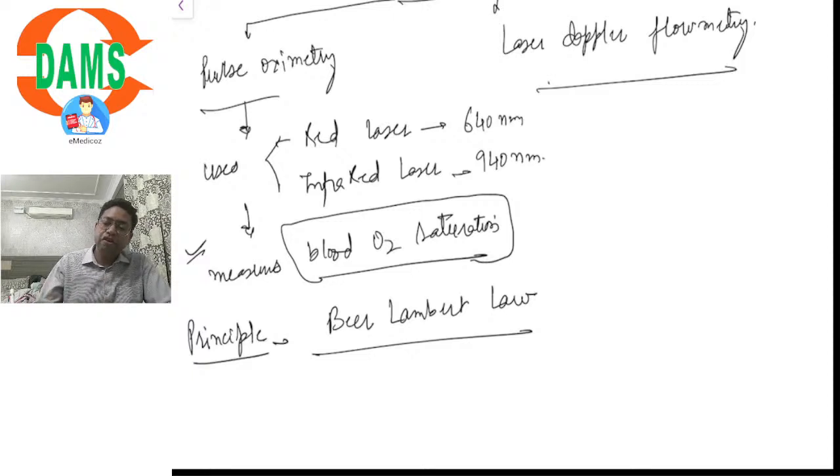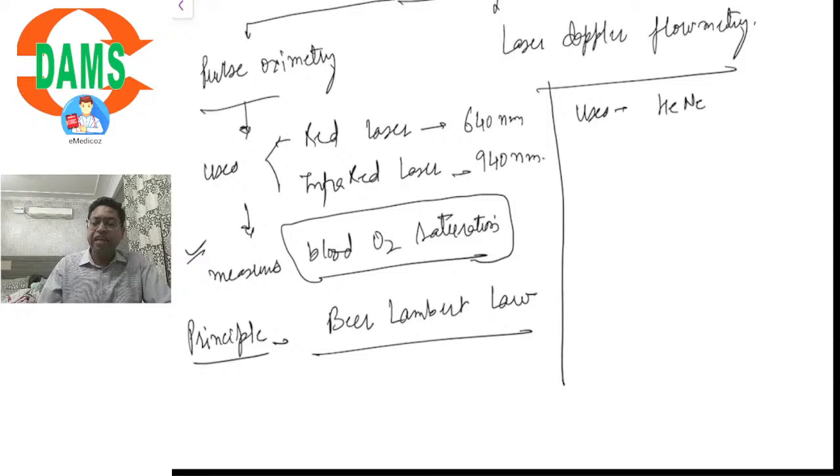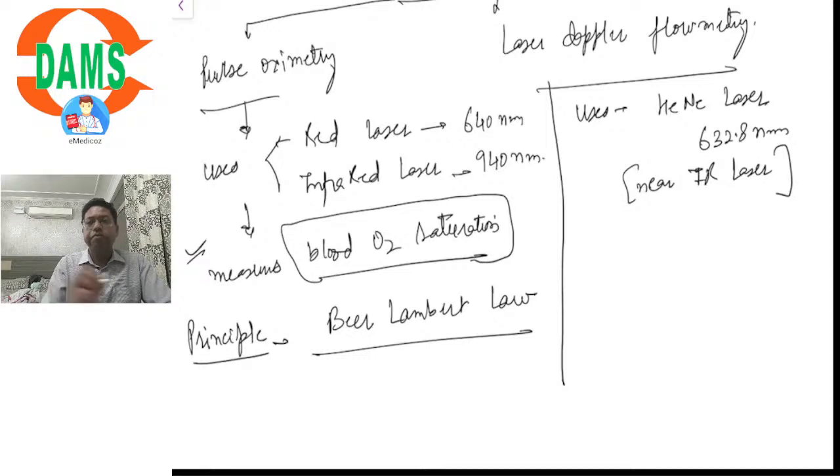On the other hand, laser Doppler flowmetry also uses a laser, that is a helium neon laser with a wavelength of 632.8 nanometers, which is a near infrared laser. What is the principle of laser Doppler flowmetry?